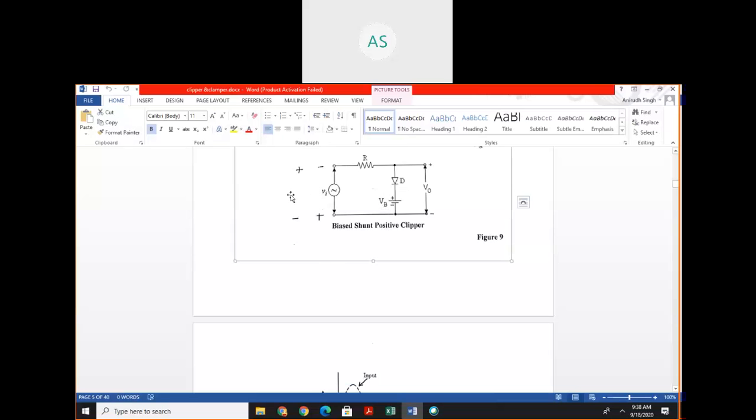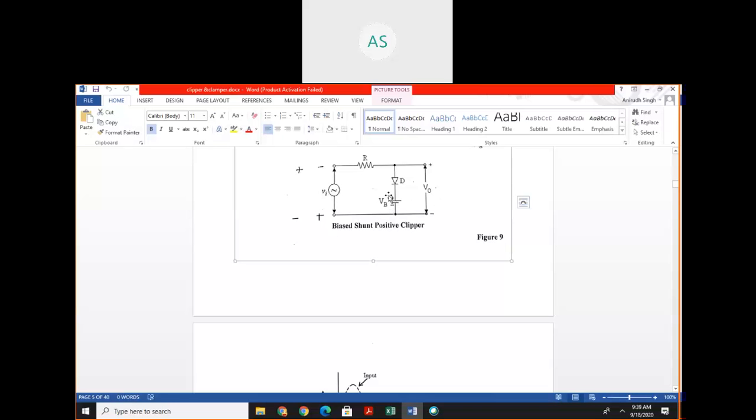For the positive half cycle, suppose the value of input voltage is 5 volt and the value of VB is 2 volt. It means that 5 minus 2, positive part of 3 volt is connected to anode, negative is connected to cathode. It means that this diode acts as a short circuit.